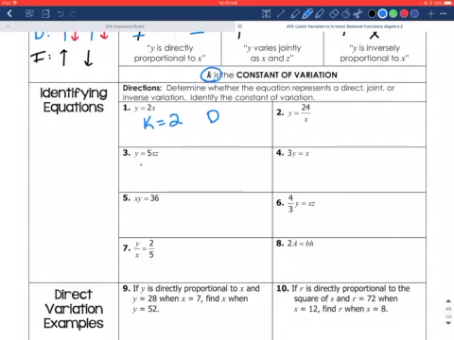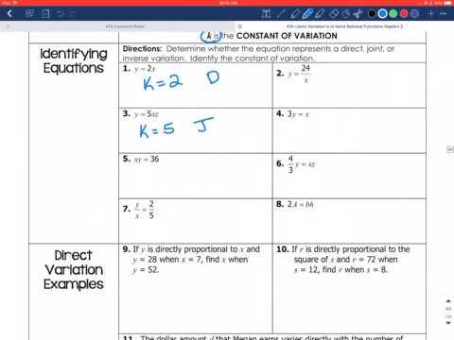For number 3, our k will be 5, and we have joint variation here. There are 3 variables: y, x, and z. For number 2, I'll go ahead and do that one. That one is inverse. K is 24. Again, we know it's inverse because the variable is on the bottom.